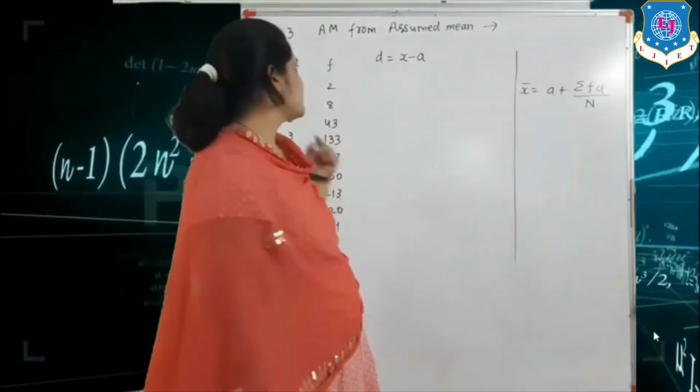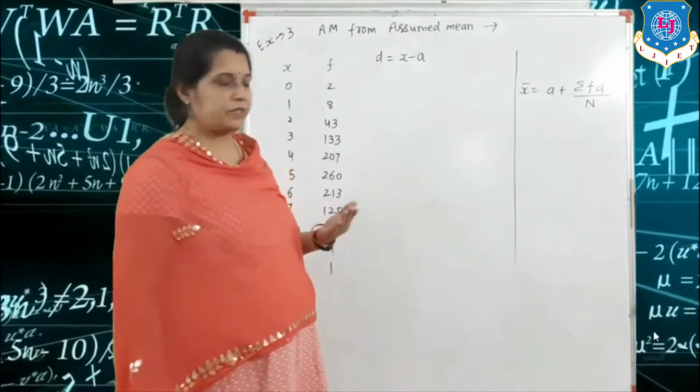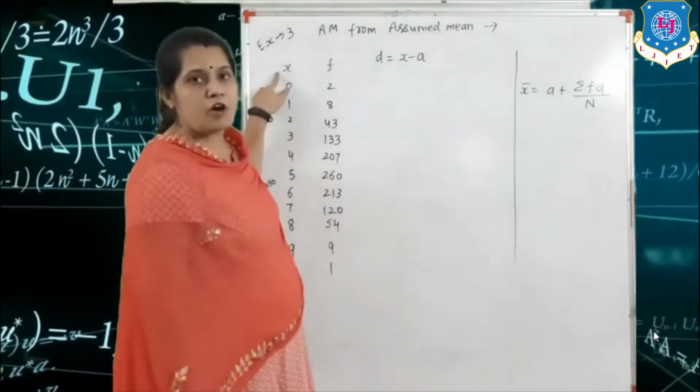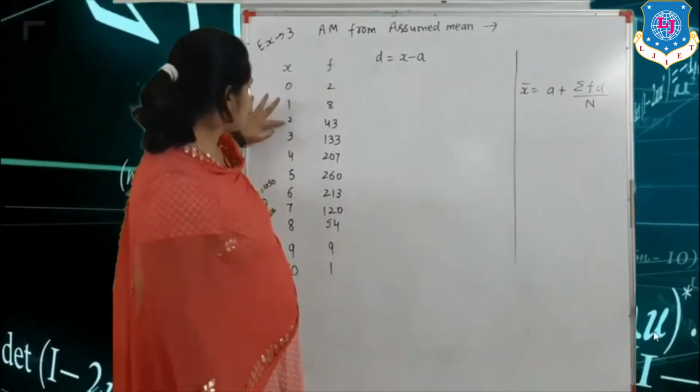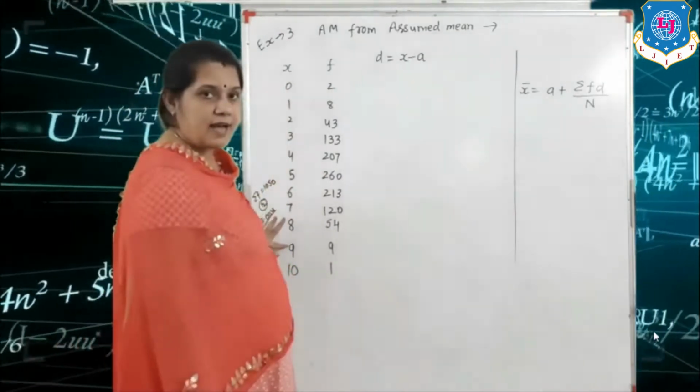So this is the next example, for finding the arithmetic mean with the help of the assumed mean. Here the values of x are 0, 1, 2, 3, 4, 5, 6, 7, 8, 9, 10.